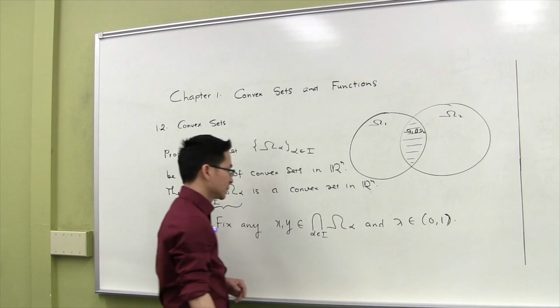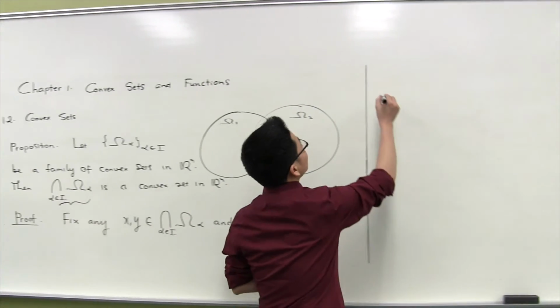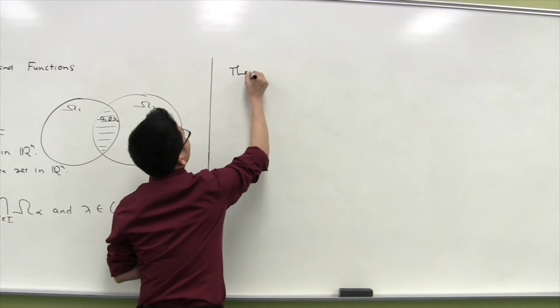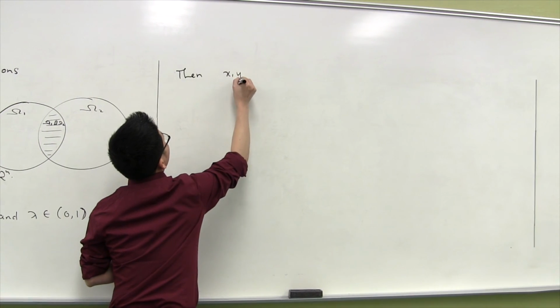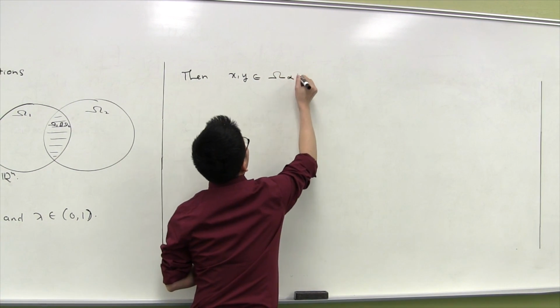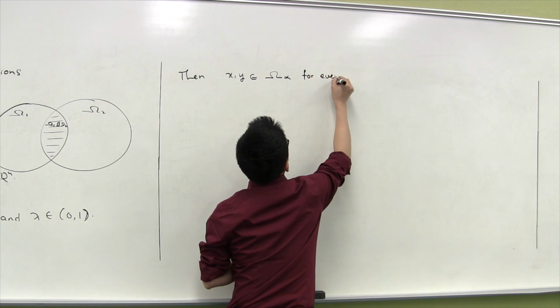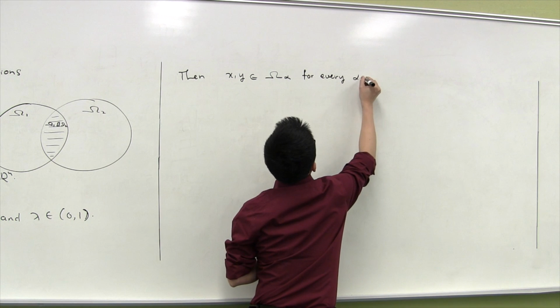Okay? Then x and y belong to omega alpha for every alpha in I.